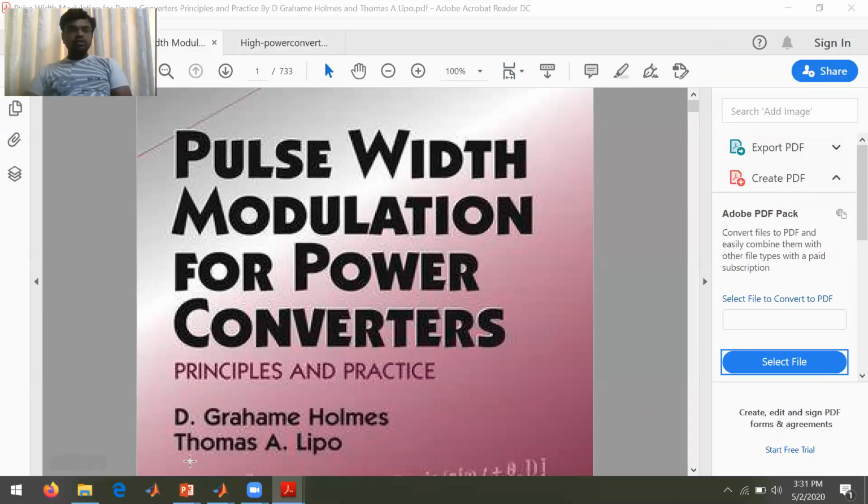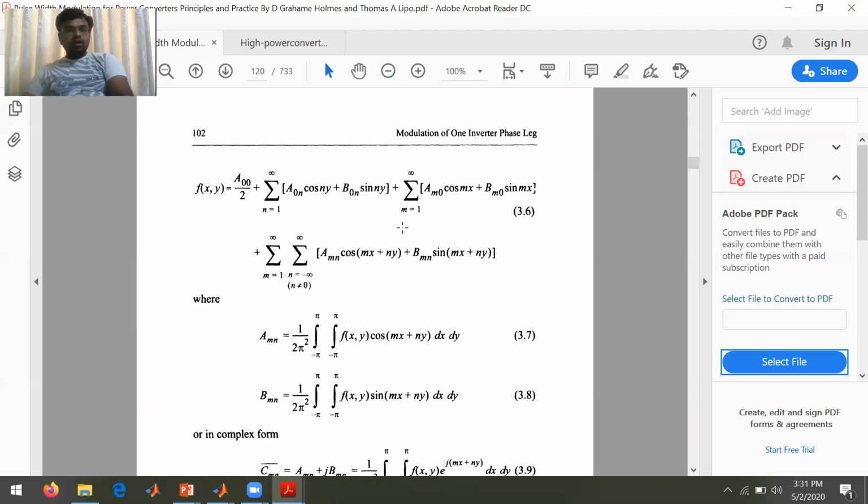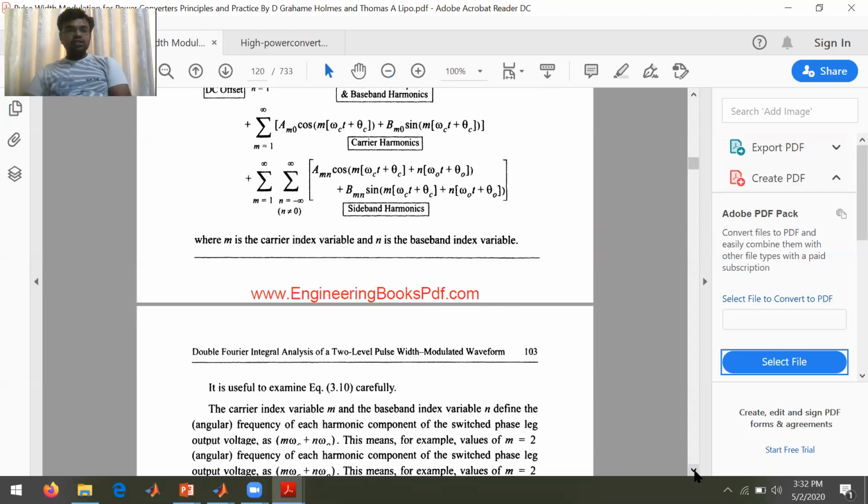From this textbook you can find these equations. I will show the equations, one second. So these are the equations, the double Fourier series concept.